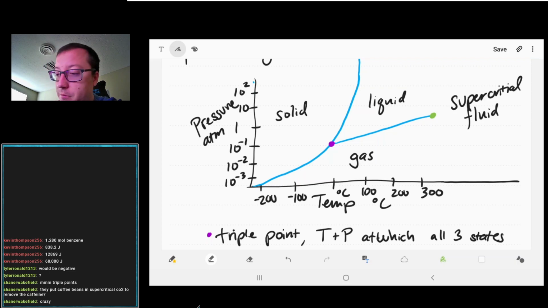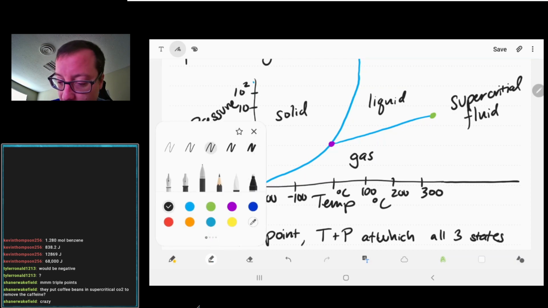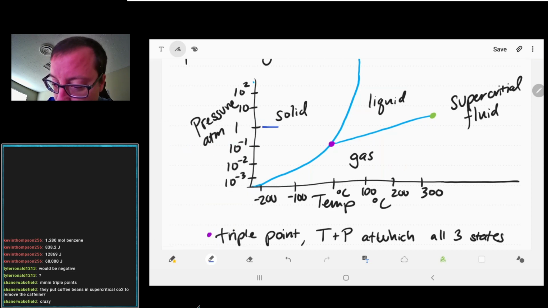Cool. And so the utility of these is you can look at a particular substance's phase diagram, and you can use it to predict at what conditions what state of matter it will be in. So we also have a couple of other points on this that we've seen before.